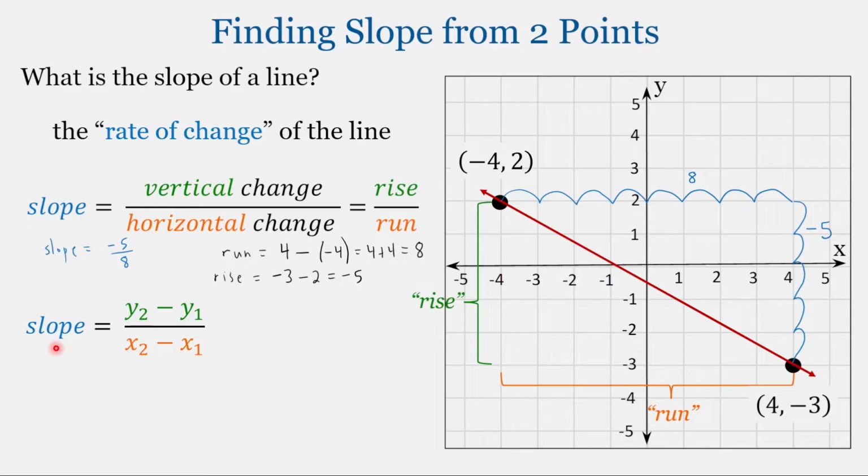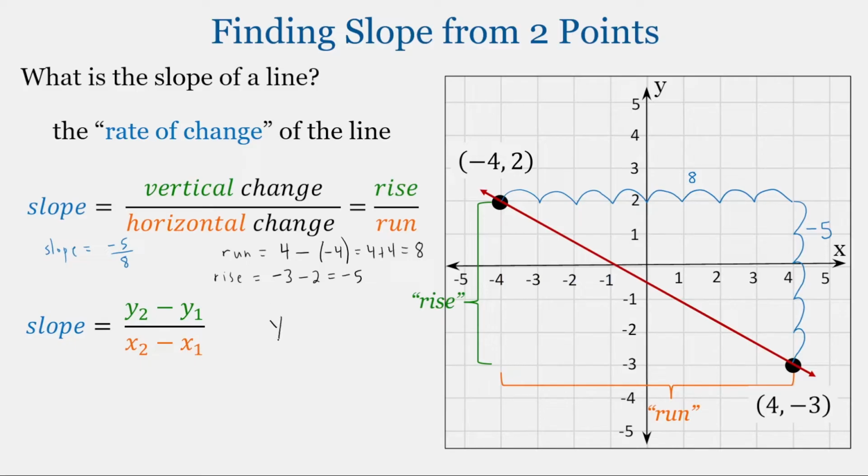This gives us a formula for slope. Slope is equal to the change in y values, or y sub 2 minus y sub 1, all over the change in x values, x sub 2 minus x sub 1.